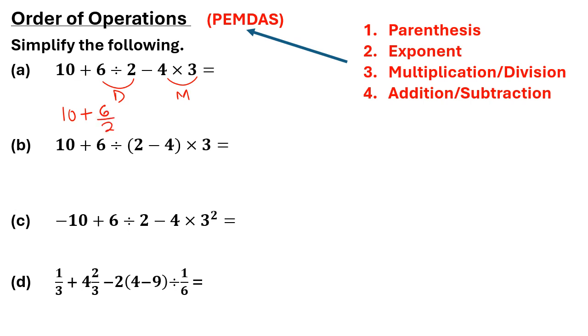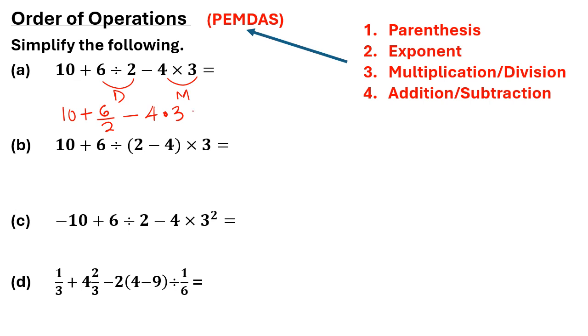That gives us 10 plus 6 over 2. Then we go to subtraction, which is minus. And then when we get to 4 times 3, we're going to do that as 4 times 3. So in this case, you see that we are actually simplifying, or doing the parts that involve division and multiplication at the same time.